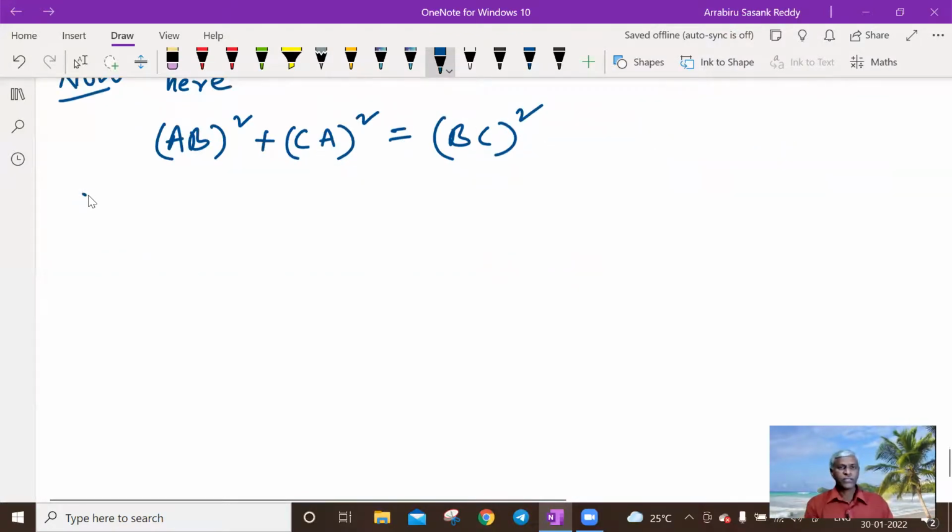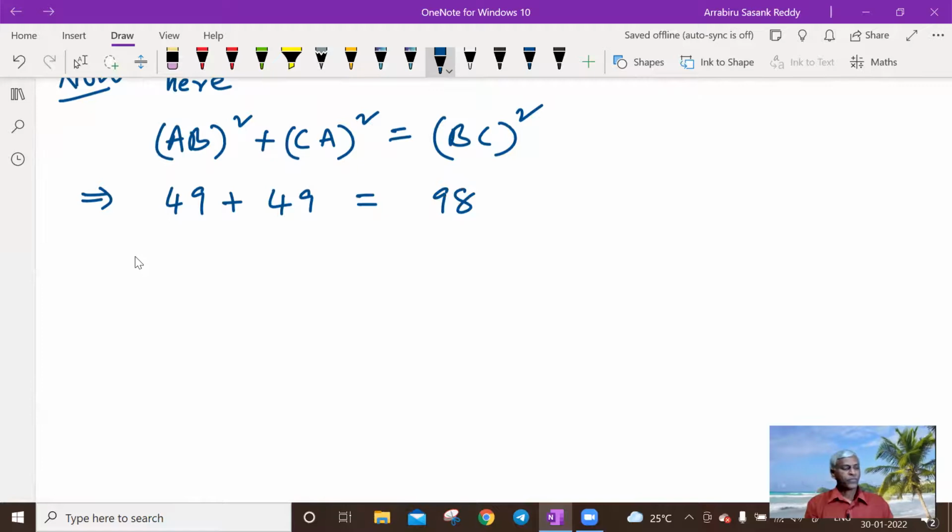AB square is 49, CA square is also 49, 49 plus 49 is 98. Therefore, by Pythagoras, and these two sides are equal, AB is equal to AC. Therefore, it is a right angle triangle and isosceles. So it is a right angled isosceles triangle.